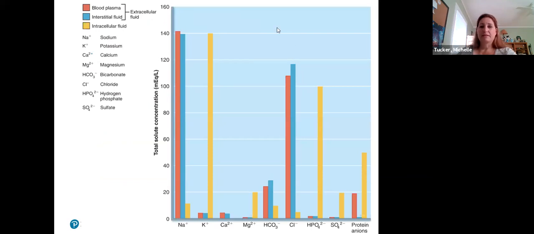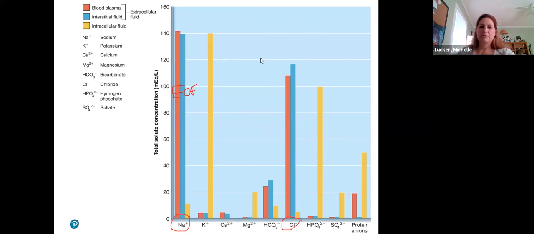This is a graphic of what I just stated. If you remember, extracellular fluid is this one with plasma and interstitial fluid. They're very similar, so we usually just talk about extracellular fluid versus intracellular fluid. In extracellular fluid, the main cation is sodium. The main anion is chloride.